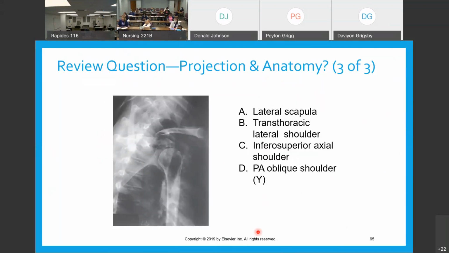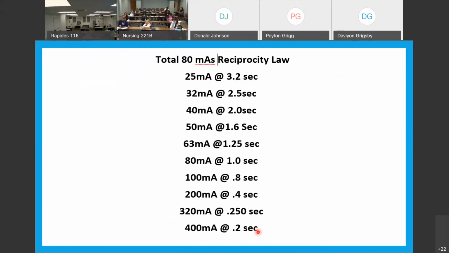All right, and we've already done this. Projection is what? Transthoracic, and the method requires what type of breathing instructions? Breathing technique. All right, fixing to blow your mind. There it is.